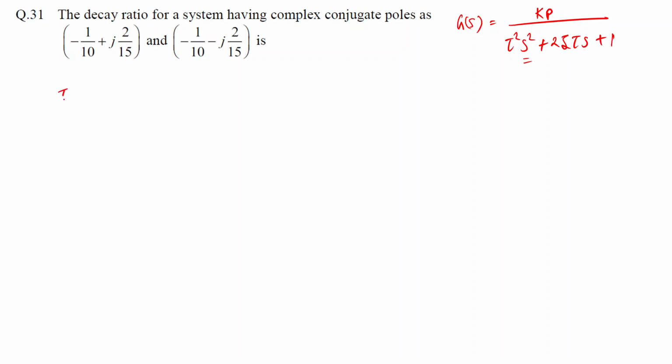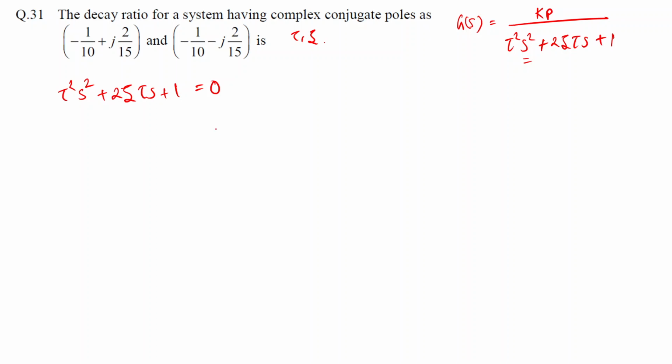So basically, the value of s that satisfies this equation, that is denominator equal to 0, will be our poles. So we can solve this equation for s and find the poles of the system and then compare it with the given complex conjugate poles to find the value of unknown parameters over here, that is tau and zeta. So let's just do that.